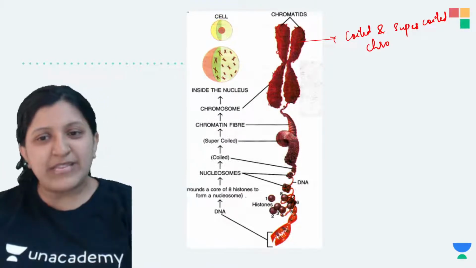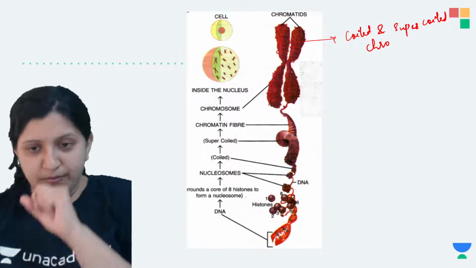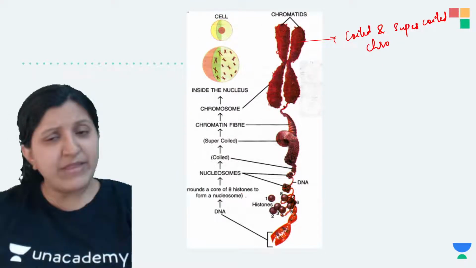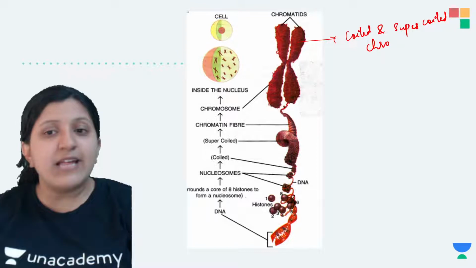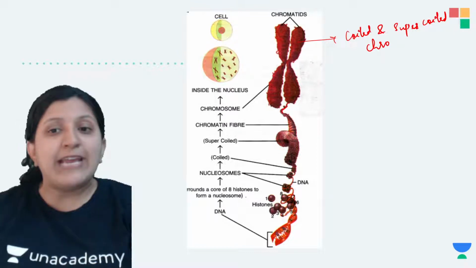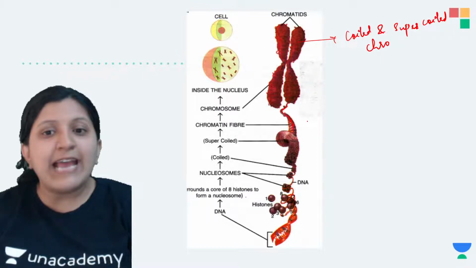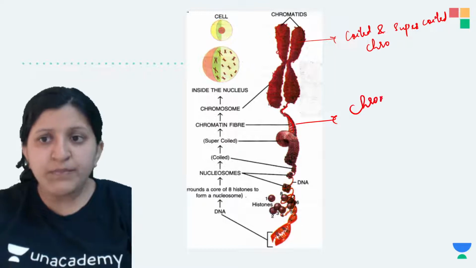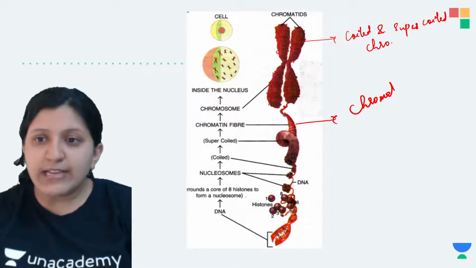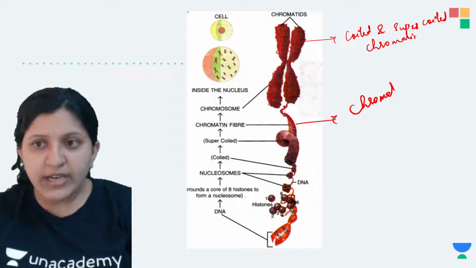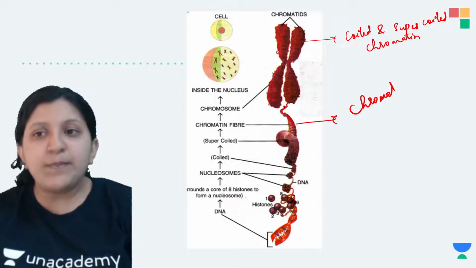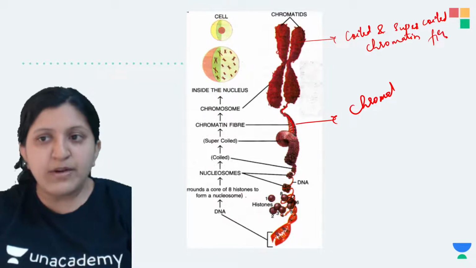You can see a thread being pulled from this chromosome. When you separate that, this is actually the chromatin fiber itself. So a chromosome is made up of chromatin fibers.